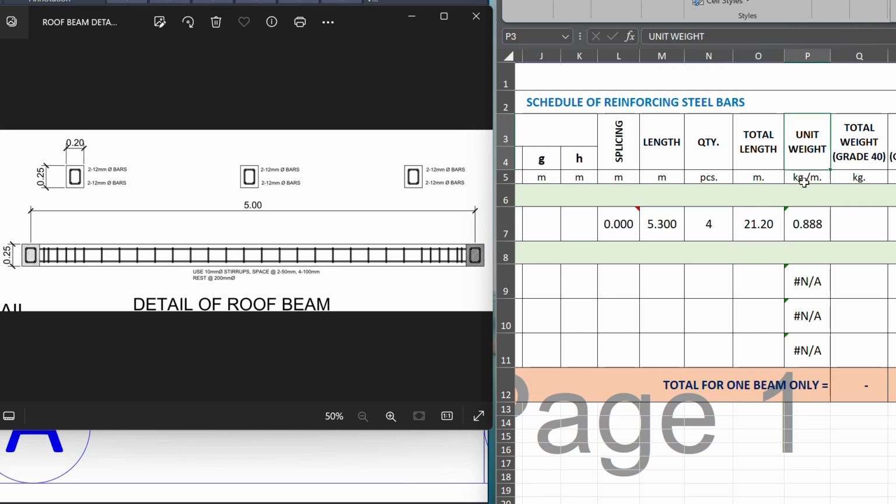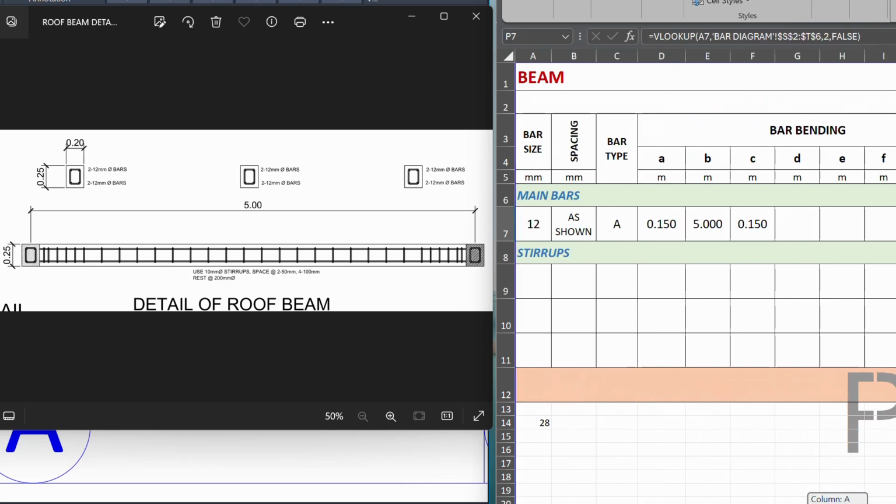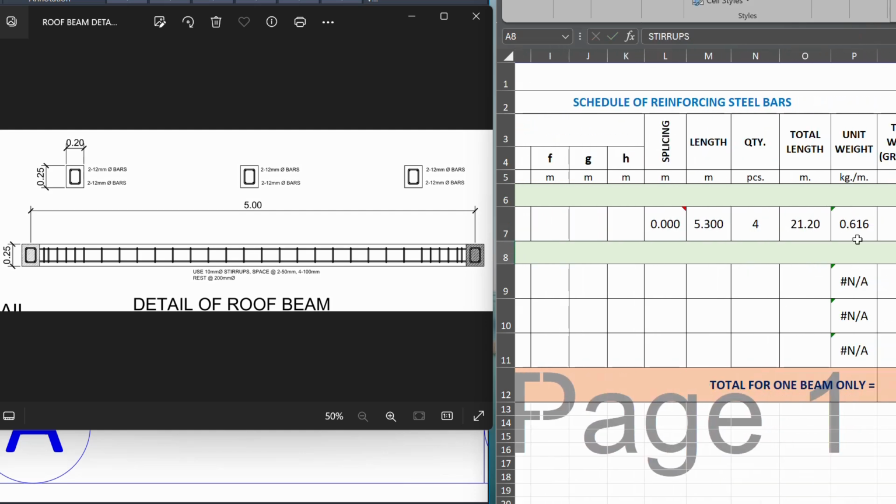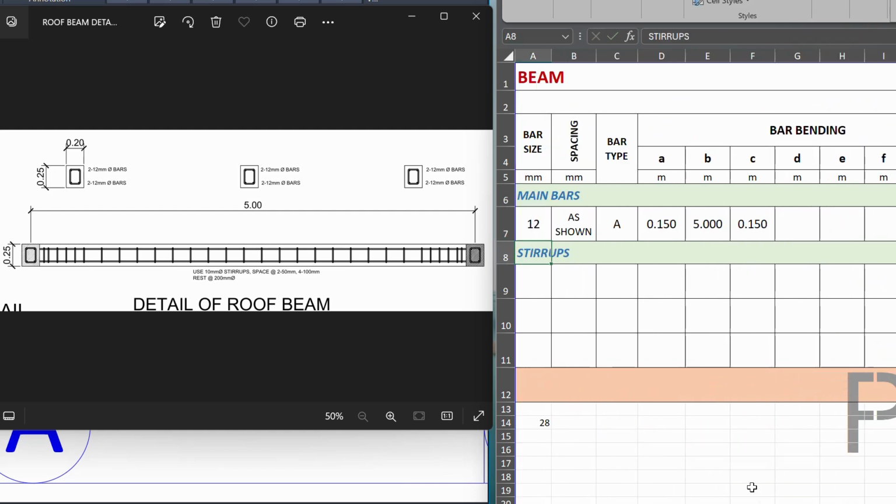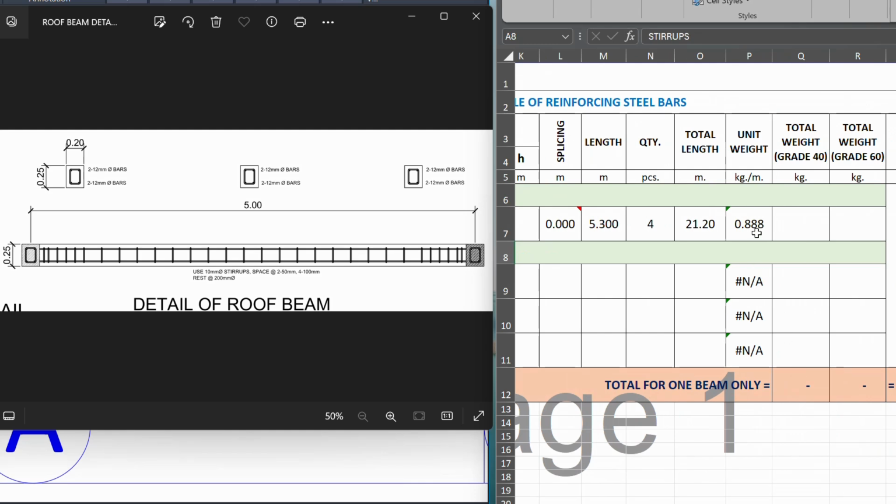Okay, unit weight. Unit weight is the weight of reinforcing bars in 1 meter. So this is 0.888. Naka-formula na to, so if we change this, it will change. For 10 mm, it's this. So again, for 12 mm, it's 0.888 kilograms per meter. Also check that on Google. So total weight for our grade 40, in kilograms.